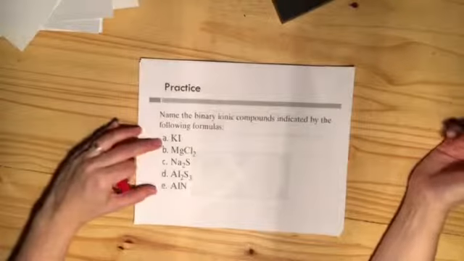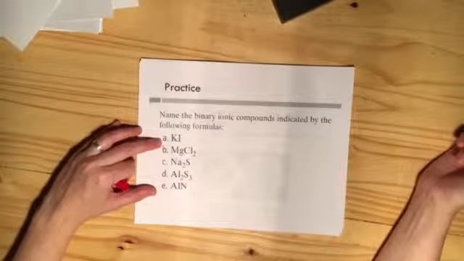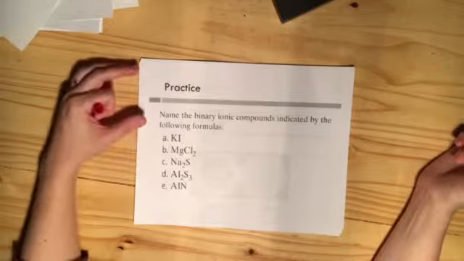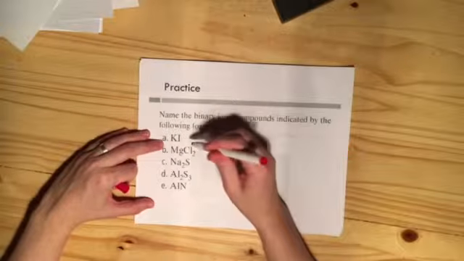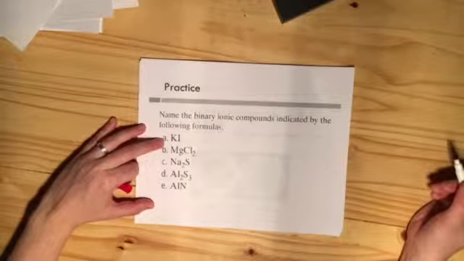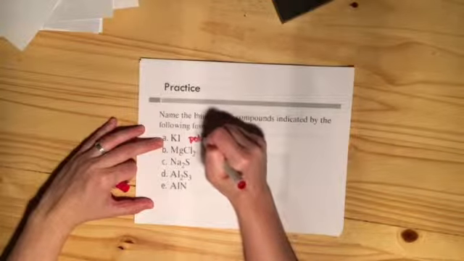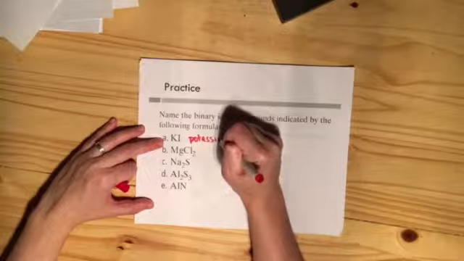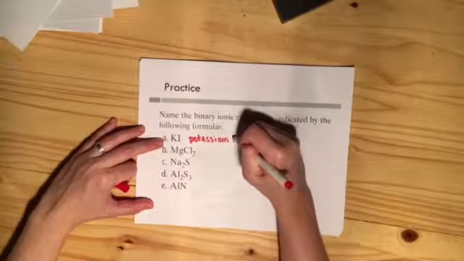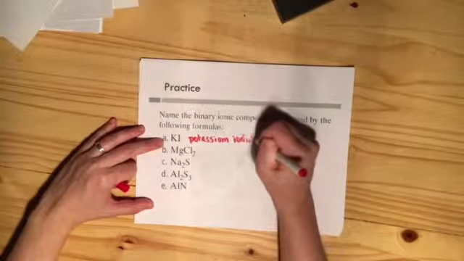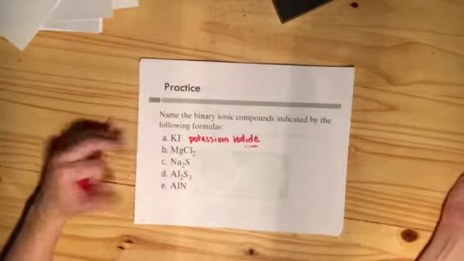So here, if we want to name the following binary ionic compounds indicated by the following formulas. Here we've got KI, and we just saw that earlier. That's potassium iodide. So we've got iodine, we change the ending to "ide."